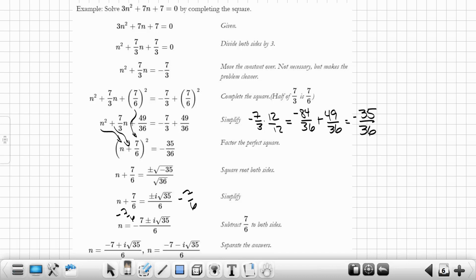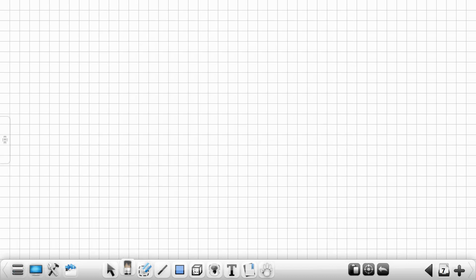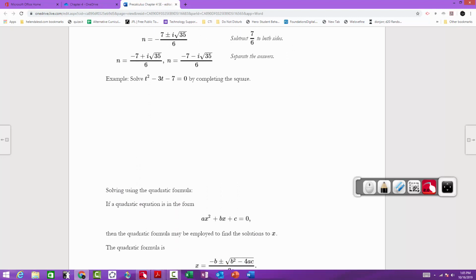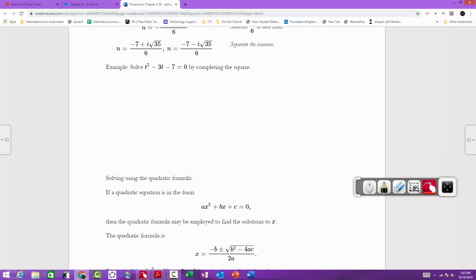So if that said square root 72, well, that's 36 times 2, so I could have pulled a 6 out and had a square root 2 and then canceled that with the denominator. It could happen. Sure. Could happen. All right, guys. You guys give it a shot.